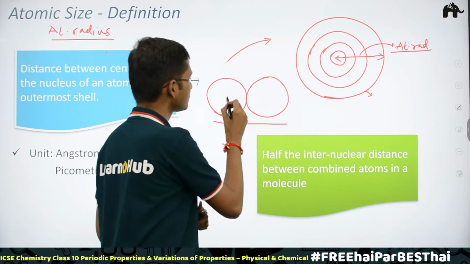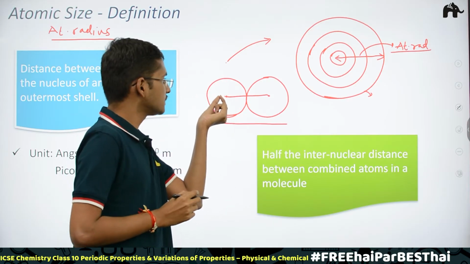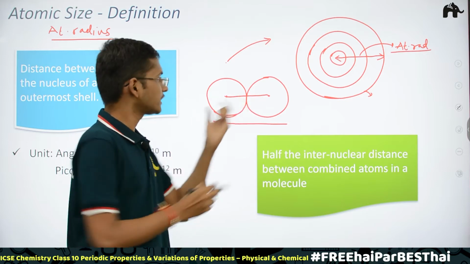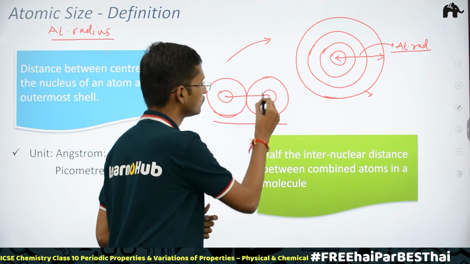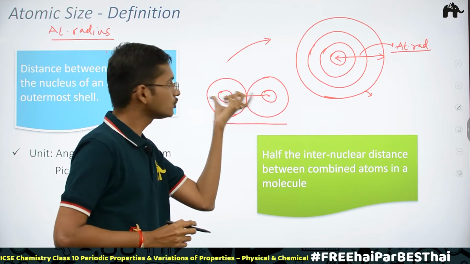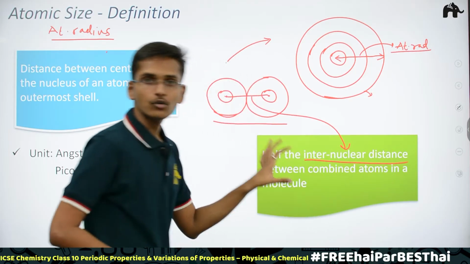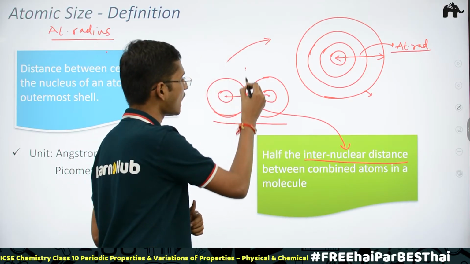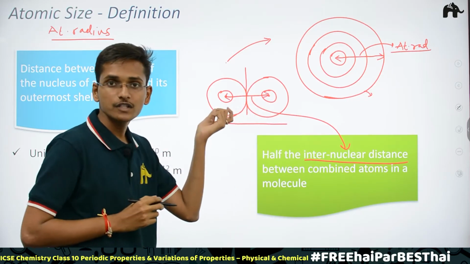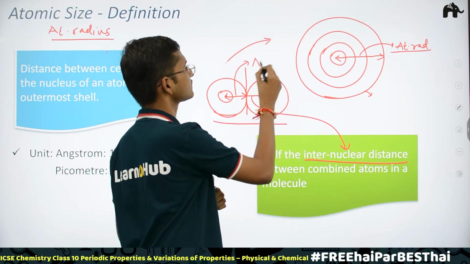The distance between the centers of the nuclei of the two atoms we call the internuclear distance. When we take half of this internuclear distance, we actually get the atomic radius.